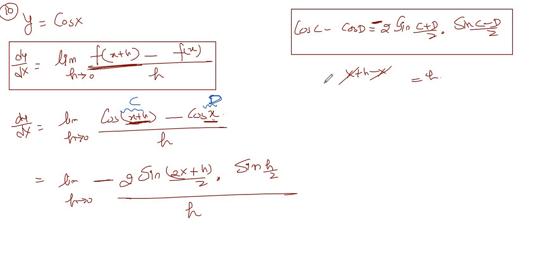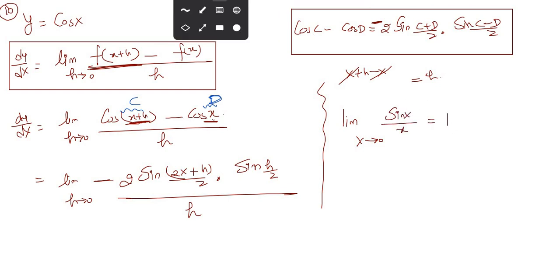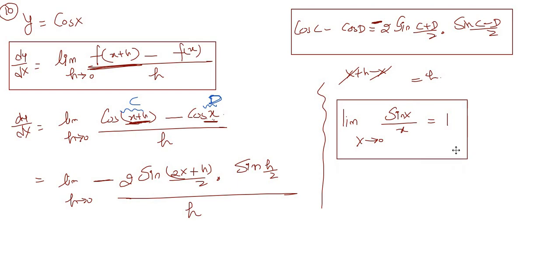Now we know one limit formula. H is tending to 0. There is one formula for sine. If x is tending to 0, sine of x by x is 1. Remember that. Okay. This formula has hundreds of forms.